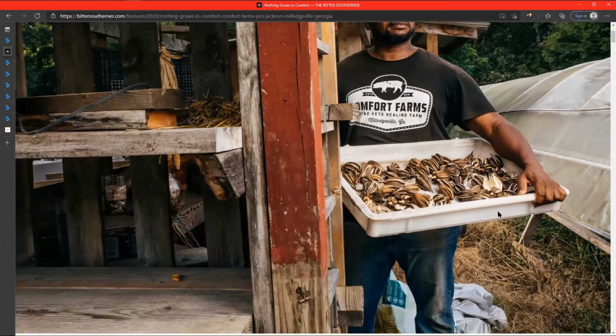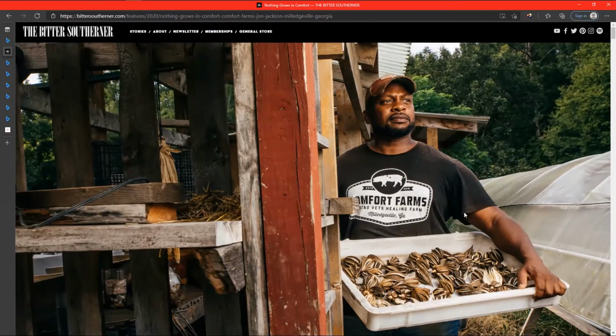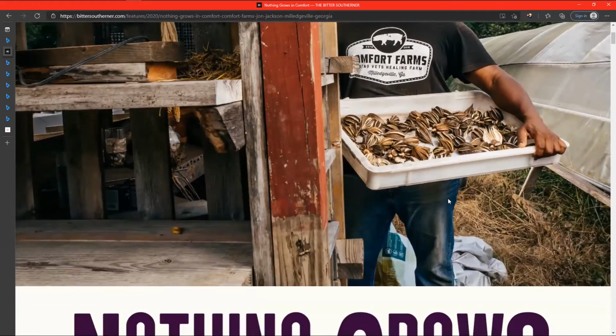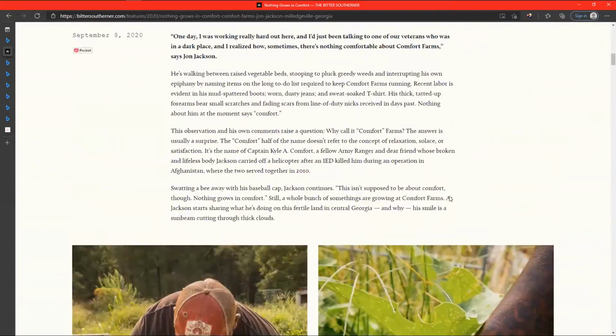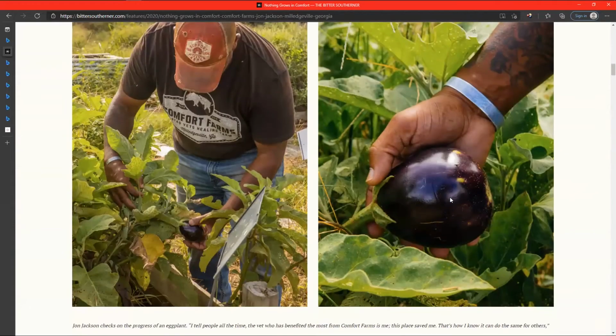He's phenomenal. This is probably one of my favorite assignments and one of my favorite people to photograph. I've actually photographed this guy about 6 times, and I just photographed him about a month ago. We went to the farm to tell a story about how he farms and everything. So we go and we look at these photos here. You have to tell the story about what he does on a daily basis, which is farm.